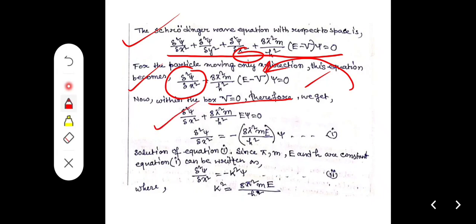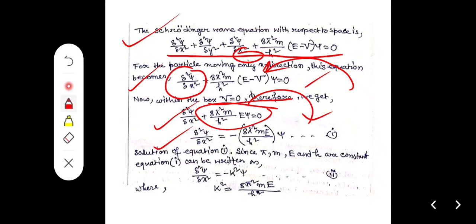We can move this term to this side. By this we get ∂²ψ/∂x² equal to minus 8π²mE/h² into ψ. Okay. This is equation 1.